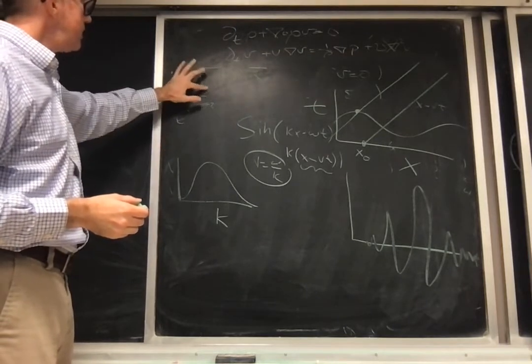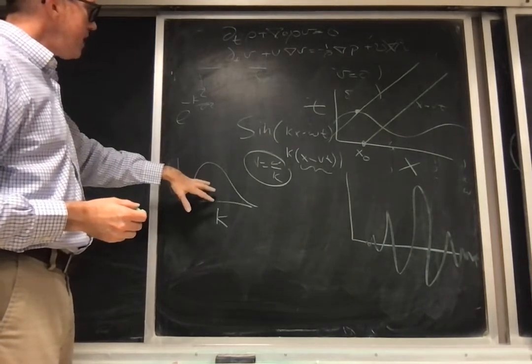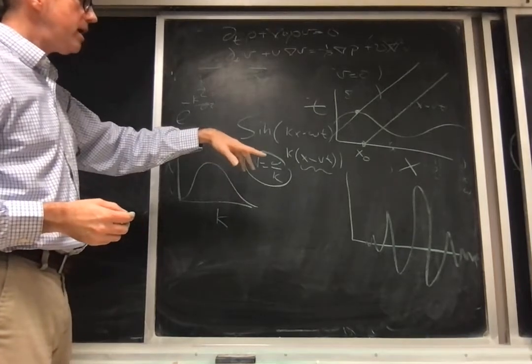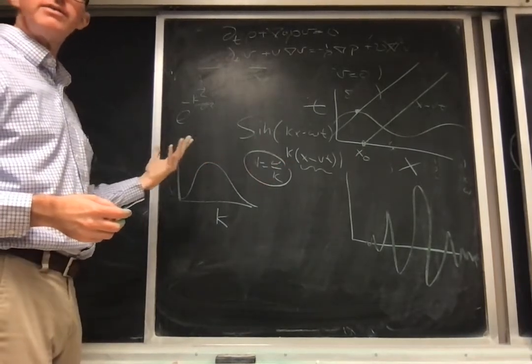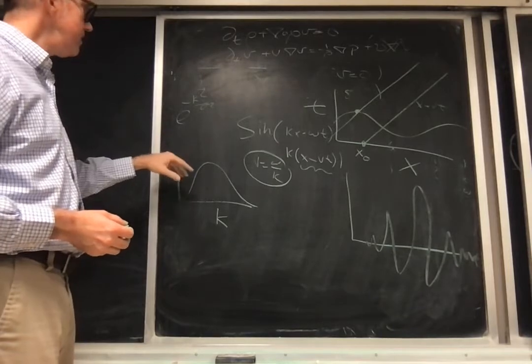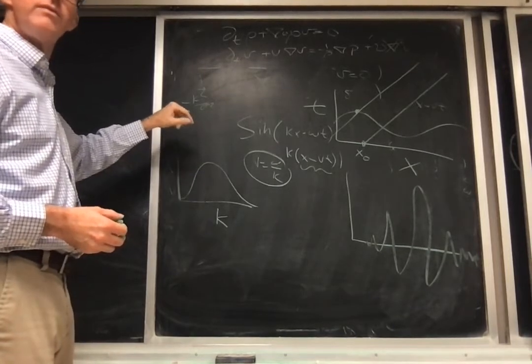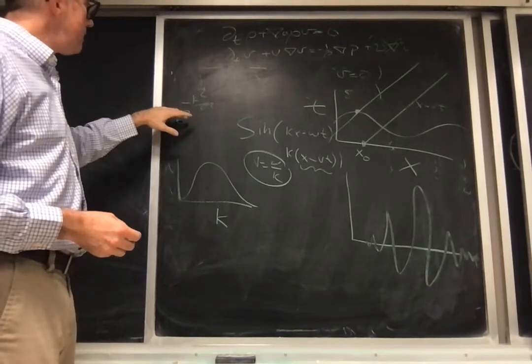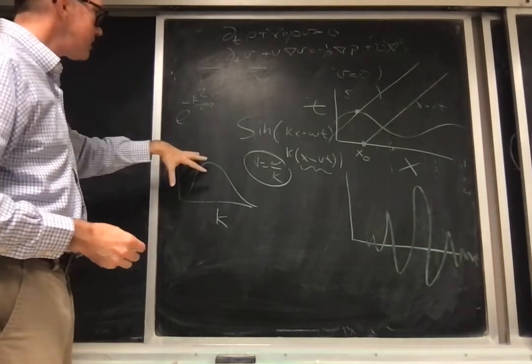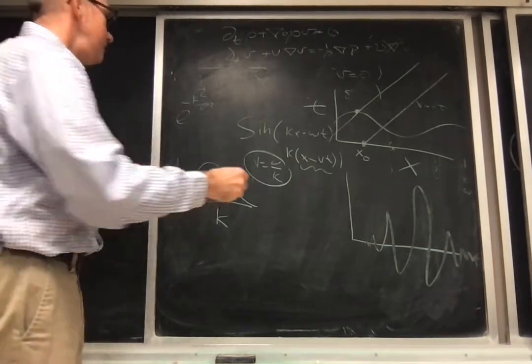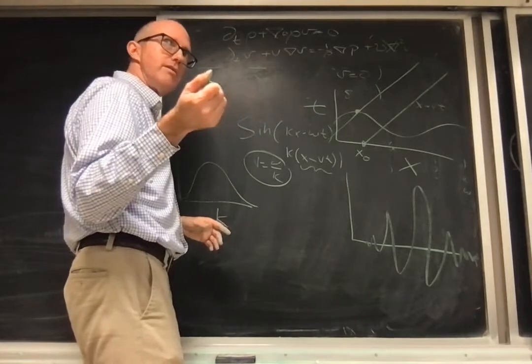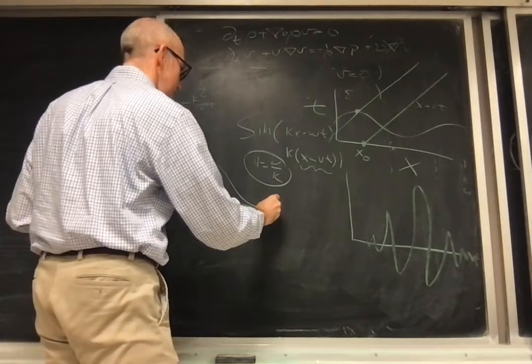Oops, let's just make that a k squared. If my wave packet looks like a Gaussian, then my real space packet also looks like a Gaussian, because the Fourier transform of a Gaussian is a Gaussian. That's a useful thing. And then if I say, how does this move with time, then you have to do a stunt that I can't remember, that I'll dig up and do that derivation.